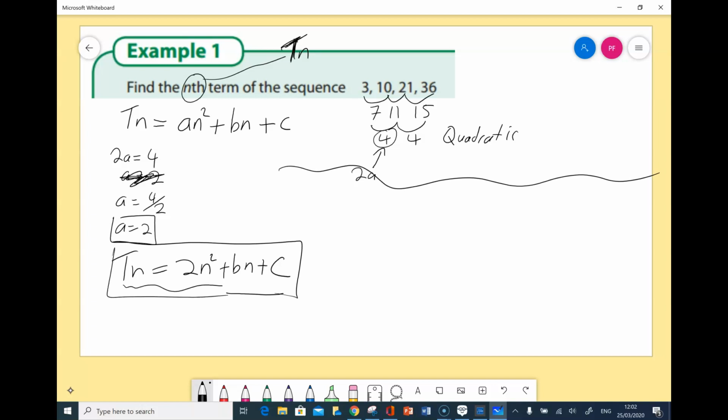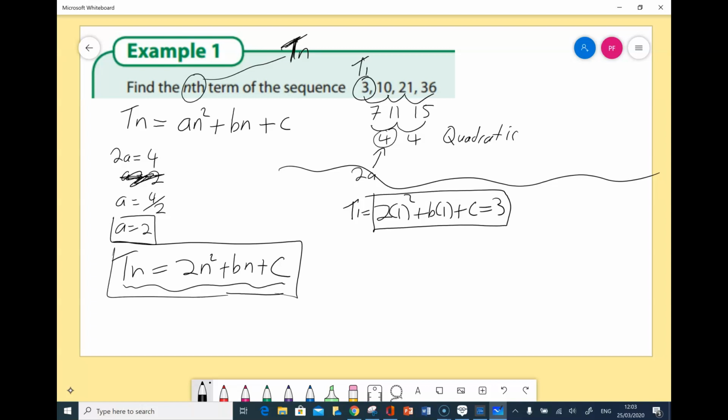So I've got part of a Tn formula. I know that the first term, T1, is 3. So let's try that. For T1, I get 2 times 1 squared plus b times 1 plus c, and that must be equal to the first term, 3.